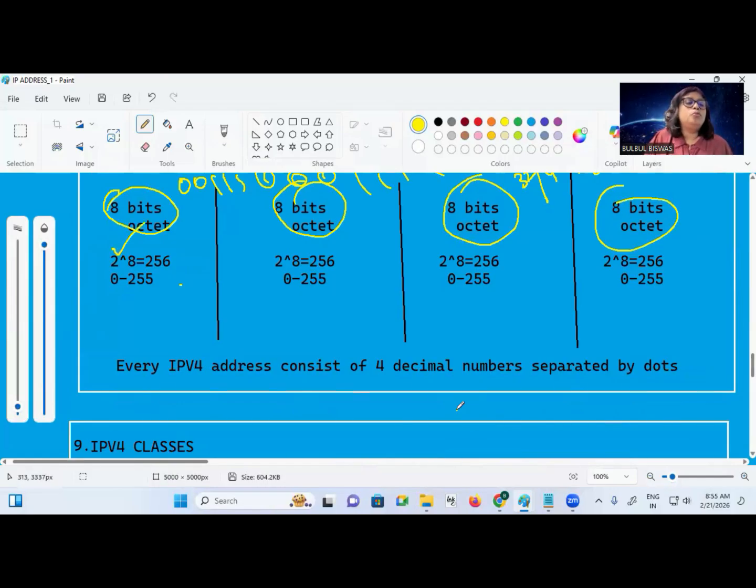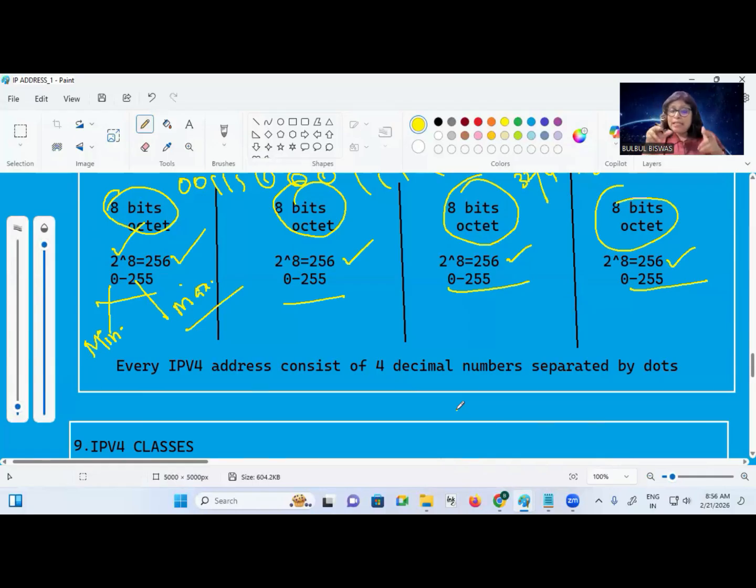So 2 to the power 8 is 256. So every octet has 256 possible decimal values, which means 0 to 255, yes or no? Fine. So every octet starts with the minimum value 0 and ends with the maximum value 255.